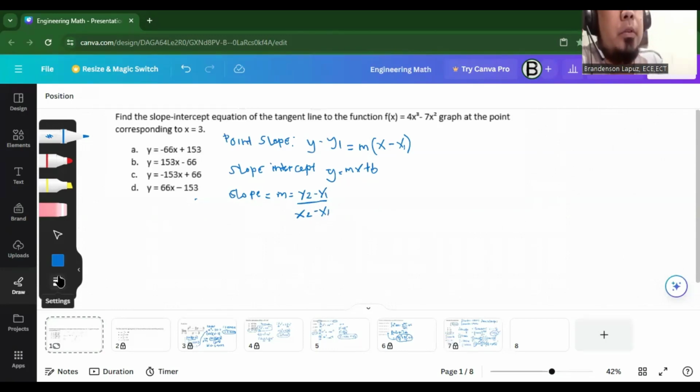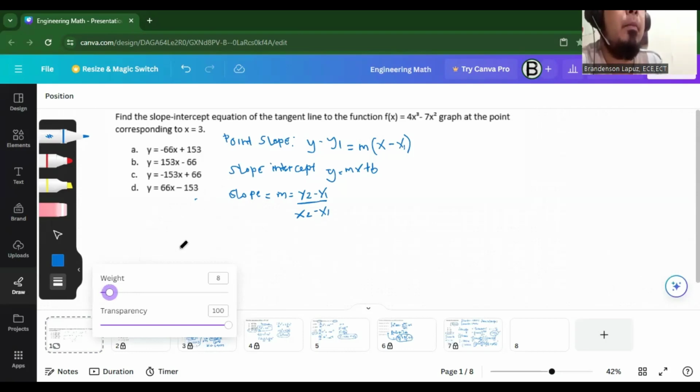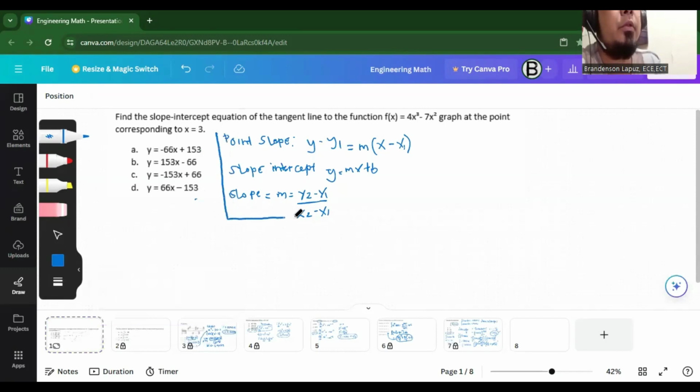Okay, now you have a point slope. These are the formulas for the slope. Now, can you solve this equation?